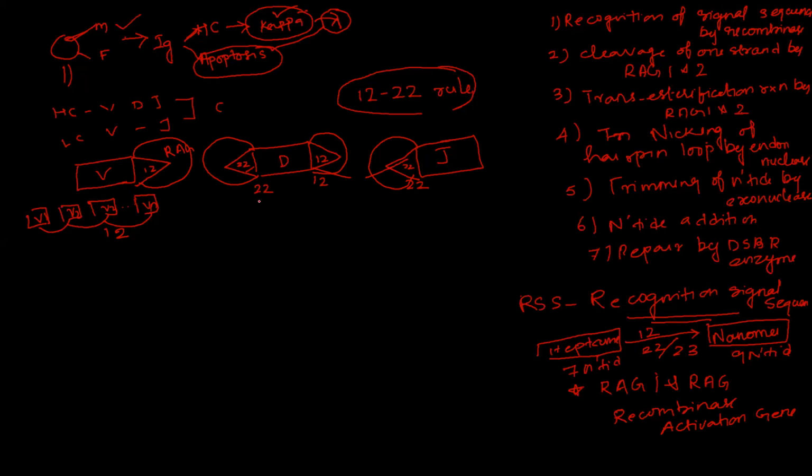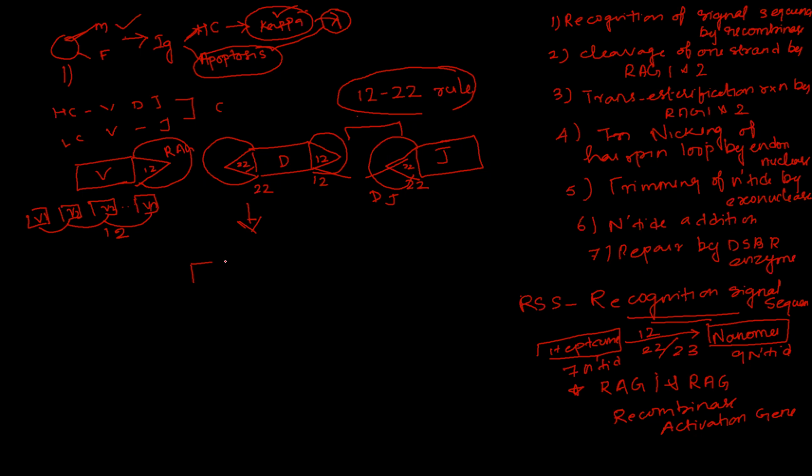So let's consider, as I told you in the initial lecture, these two will combine first, that is the D and J. So let's consider D2 and J3 is going to combine. Okay, so let's just consider initial D and J.